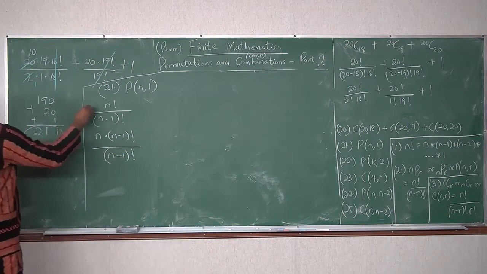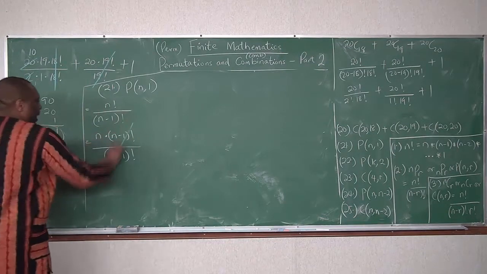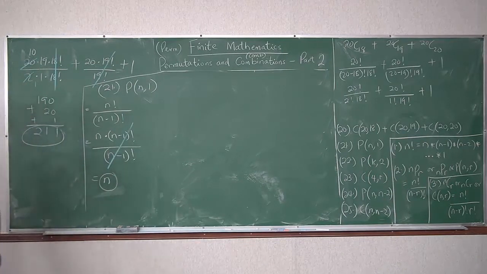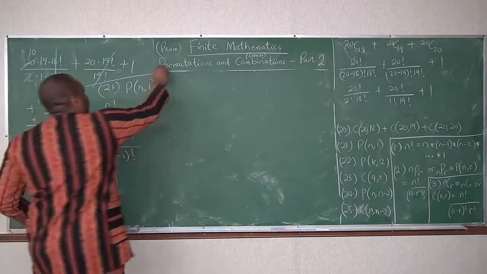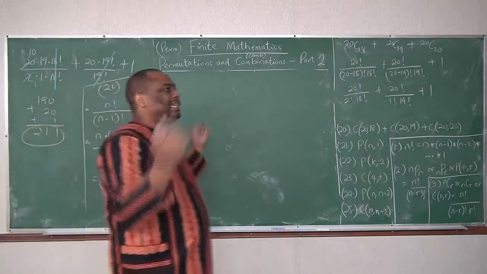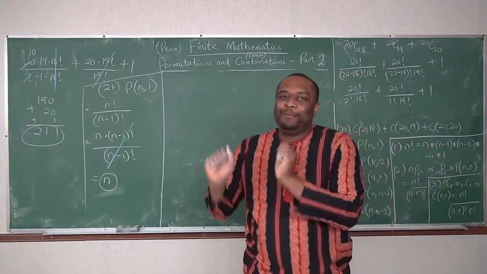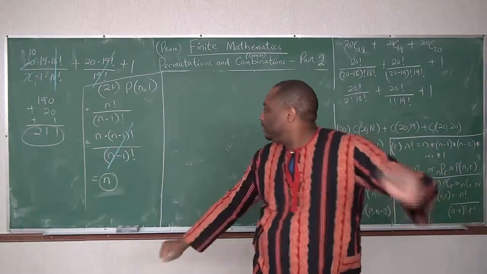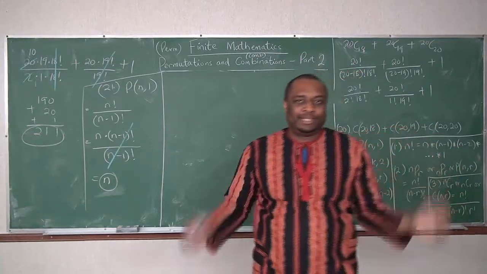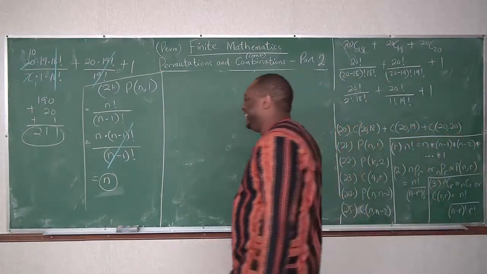I gave you that formula in part 1. So the answer is n. This tells you that 5 permute 1 is 5, 6 permute 1 is 6, 7 permute 1 is 7, 8 permute 1 is 8, 9 permute 1 is 9, 10 permute 1 is 10, Mr. C permute 1 is Mr. C.